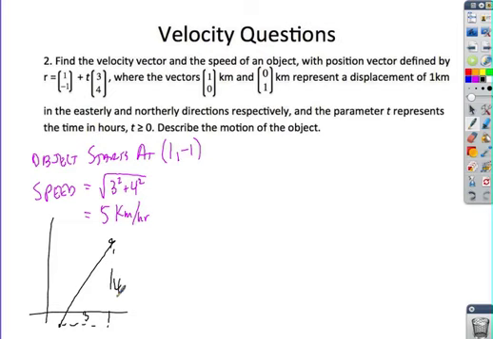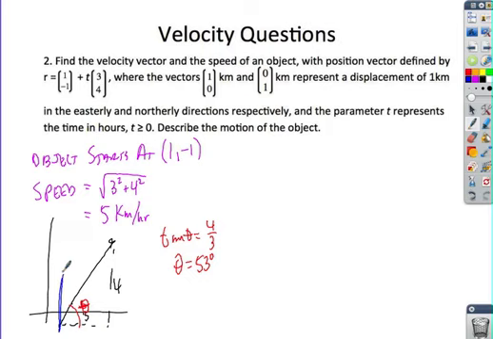I would want this angle in here, theta. And so I would say tan theta is equal to 4/3. Theta then works out to be 53 degrees. And again, giving it as a bearing would be from north.